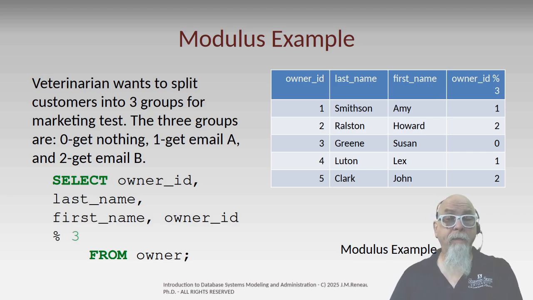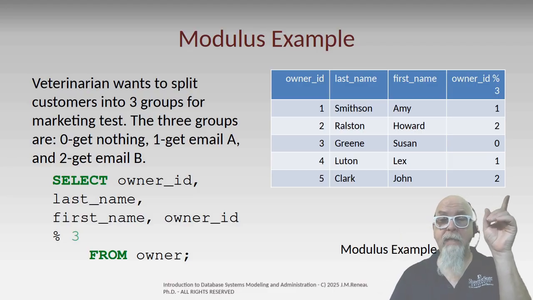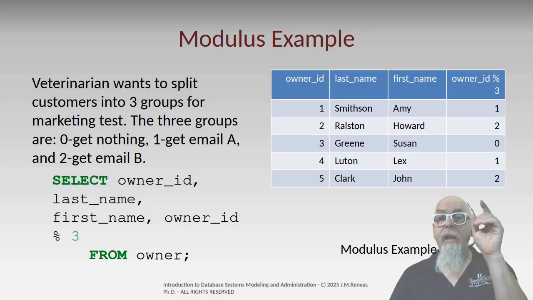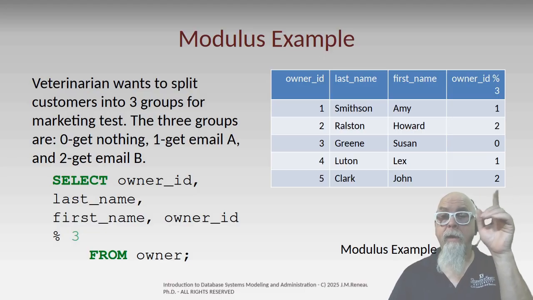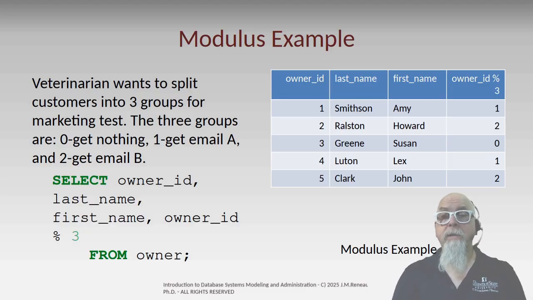And number 5, I'm not going to read all of them, but 5 divided by 3 would be 1 remainder 2, and that's why the modulo column is 2. So we can do our prescription of sending an email or sending another email or doing nothing based upon this column. And the cool thing about that is that number never changes because the customer number never changes.